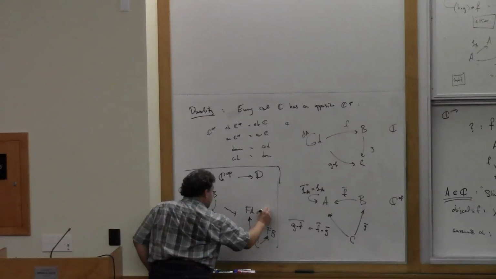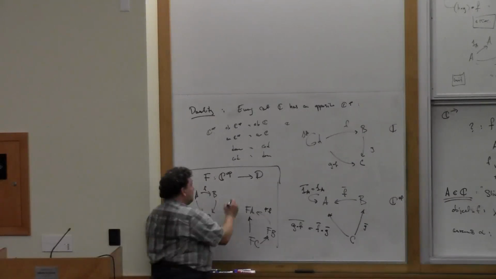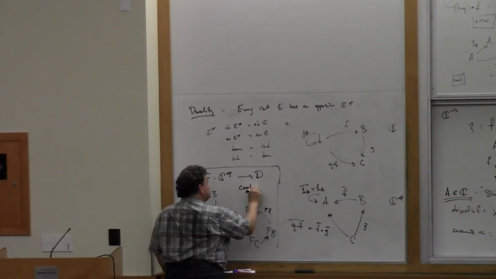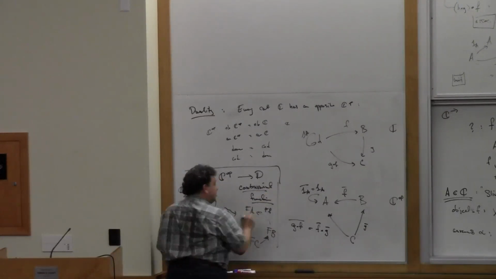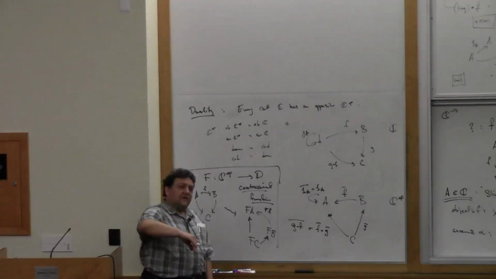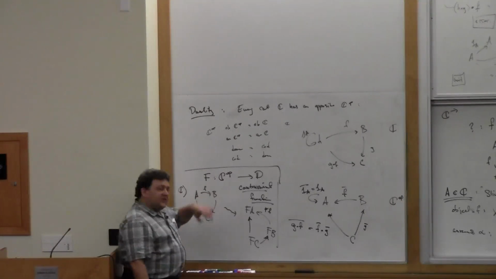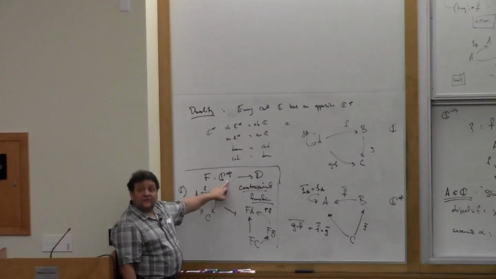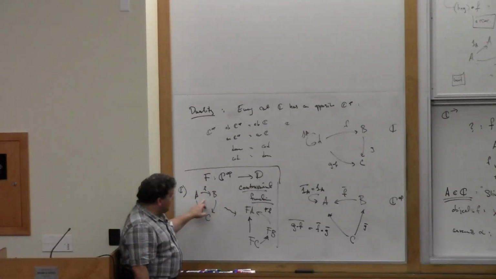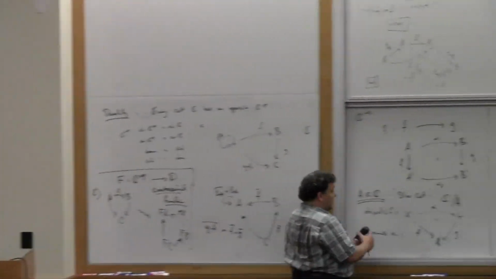Okay, so that's F of f, say, and so on. So this is the notion of a contravariant functor. A contravariant functor is not a different kind of functor. It's just a functor on the dual category of the category in the domain. We don't need a separate theory of contravariant functors. It's just functors where you swap the variance here in the domain. Okay? So that's one example of the notion of a dual. And let's have some examples of contravariant functors.